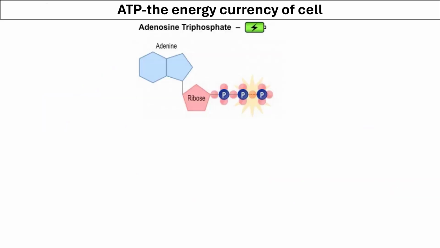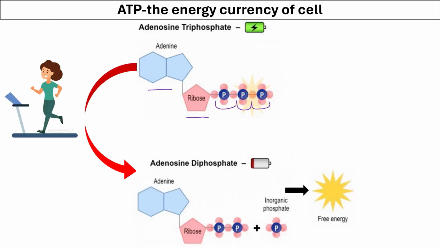What is ATP? ATP is a nucleotide that has a nitrogen base, adenine, a sugar molecule, ribose, and 3 high energy phosphate bonds. When the body performs some work, the ATP is broken down into ADP.